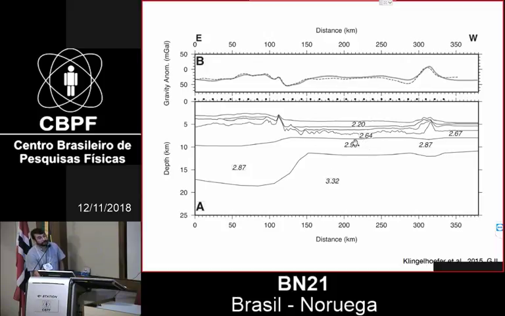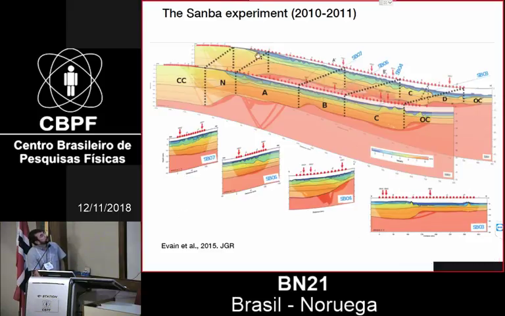And that's something we want to do, which is to couple the refraction seismic acquisition to gravity and other geophysical results. And here is the compilation of the two lines showing the lateral variation that is interpreted based on the results they obtained.